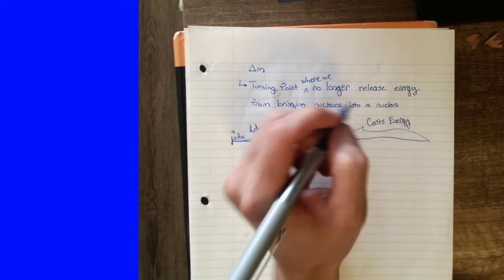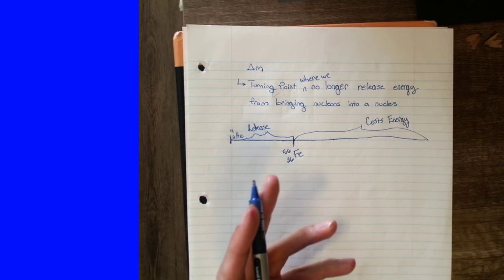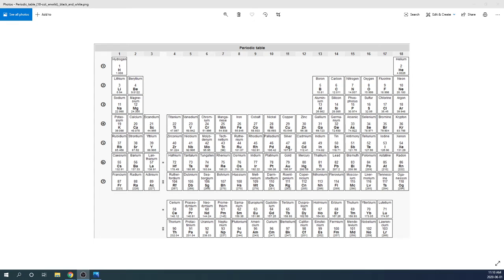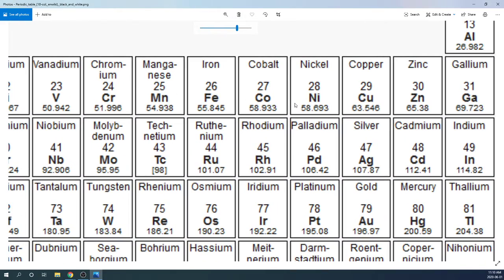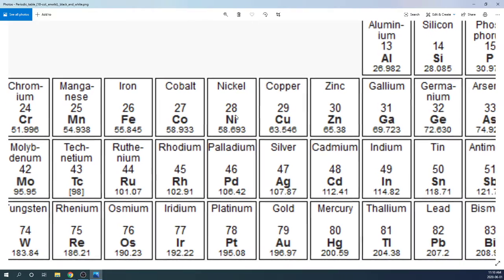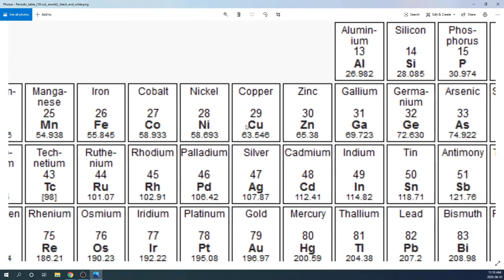And some of these things are put together because we do have elements past iron. So just kind of bringing up what the periodic table looks like here. Here's iron. Everything past it costs energy to bring more things into the nucleus.